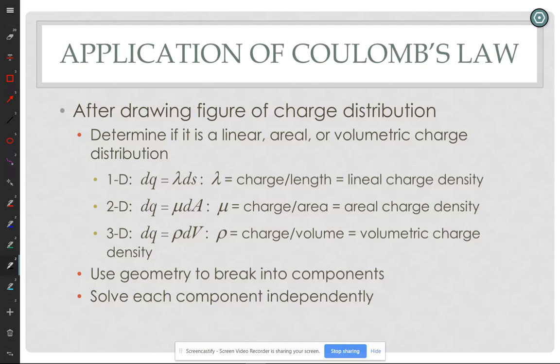I use ds here because it doesn't have to be in the x direction or the y direction or the z direction. You can have a curving line of charge, and you can still do it. It doesn't matter the shape for the equation here. For doing the math, it matters, because different shapes will be harder and easier.